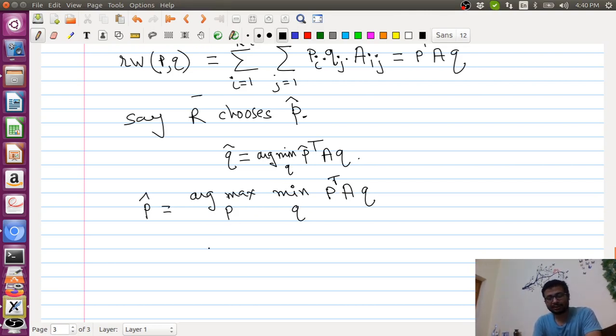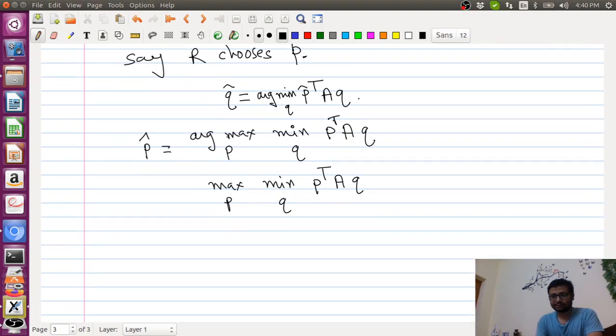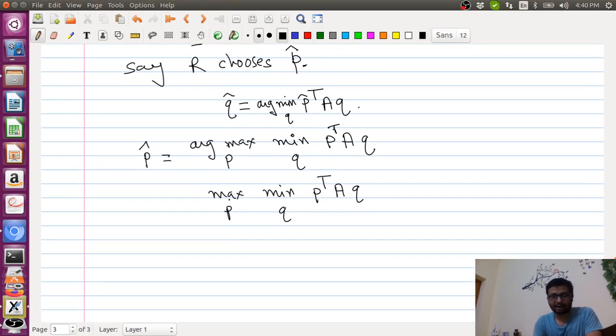And so the reward that R eventually collects, the value of the game if R goes first, is max over P, min over Q, P transpose AQ. So this is the reward that R secures if R goes first and the players play optimally. Let's give it a name, maybe capital A.